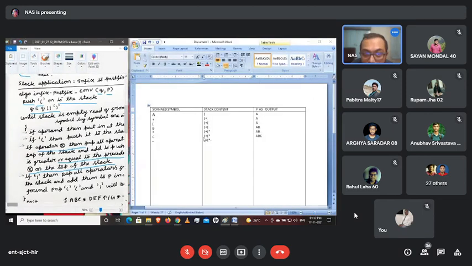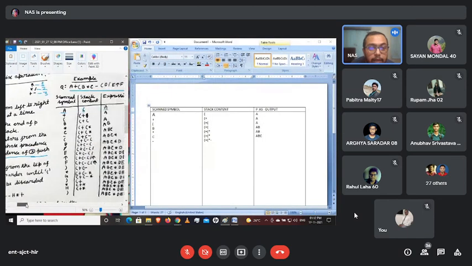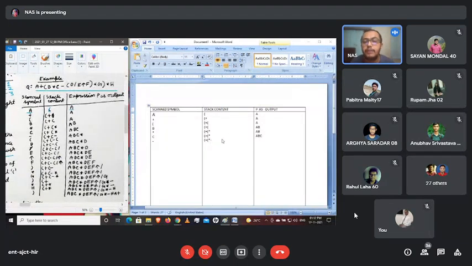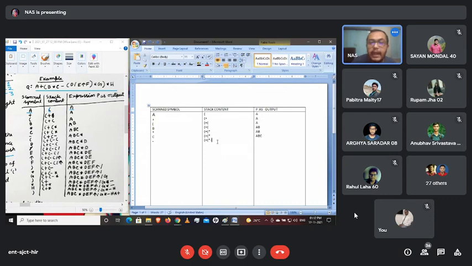So the higher precedence one will move to the output, and the lower precedence one will be kept here. So when we encounter minus, minus will stay here, and the higher precedence operator will come to the output section. Clear until this line? Yes sir.